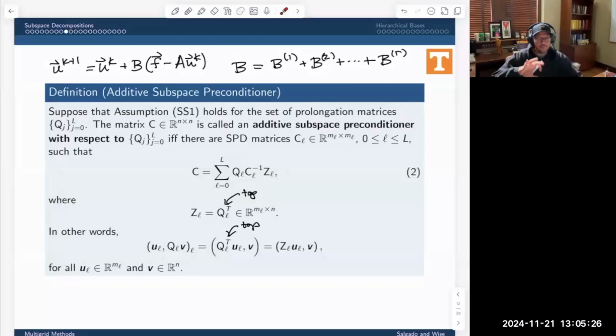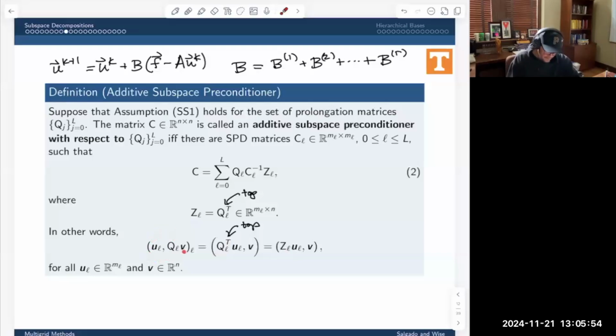Well, you could either permute rows and columns as you're taught in an elementary linear algebra course, or you can define it this way. When I want to bring Q_L over to the other side, it comes over with this object called a transposition symbol. Well, this Z_L is equal to Q_L transpose, so Z_L is what you get whenever you move Q_L over to the other side. Let's make sure everything makes sense.